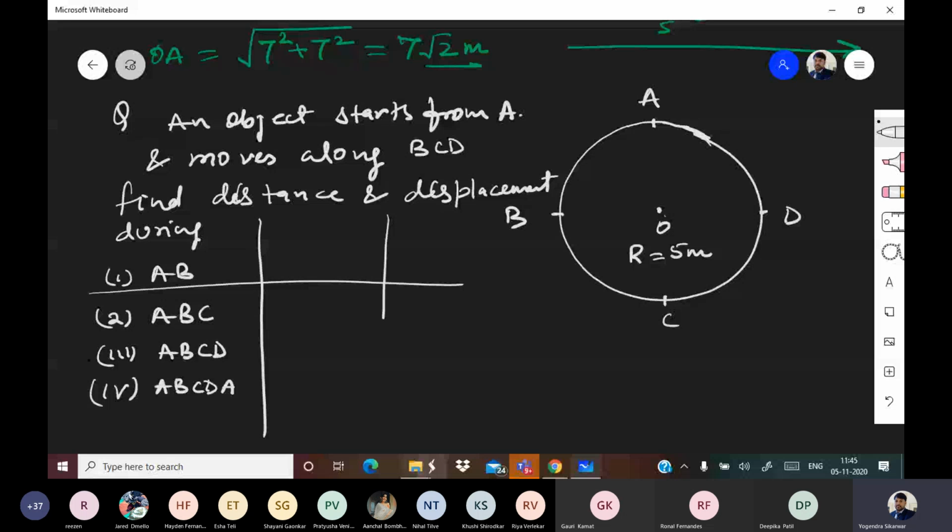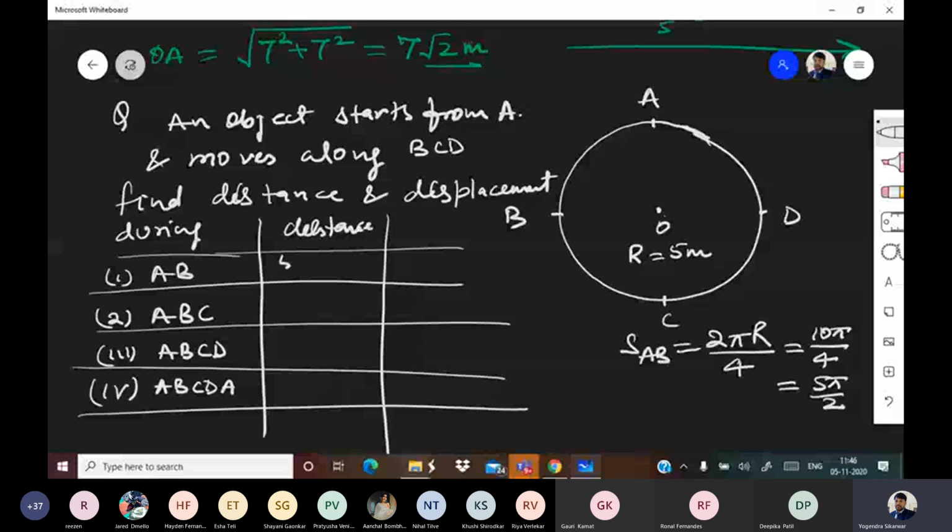So again, AB is 2 pi r by 4. So 2 pi r means 10 pi because r is 5, by 4. That means 5 pi by 2. So distance AB is 5 pi by 2. ABC is 5 pi.